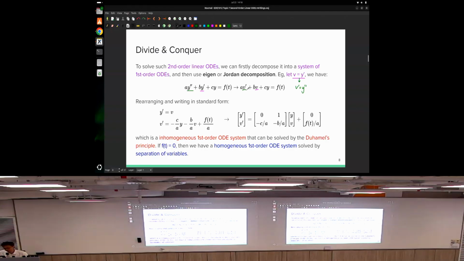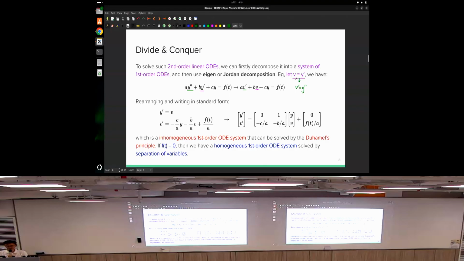Once you have that, you notice that, interestingly, I have a first order ODE in v. Correct or not? We have v prime, and there are no double prime terms anymore. But we have a y term as well. So that means v prime is dependent on v and y, and y prime is dependent on v.